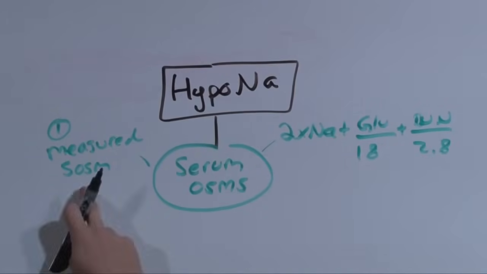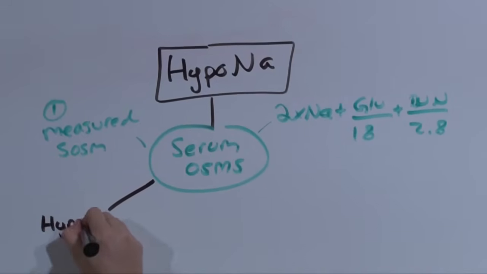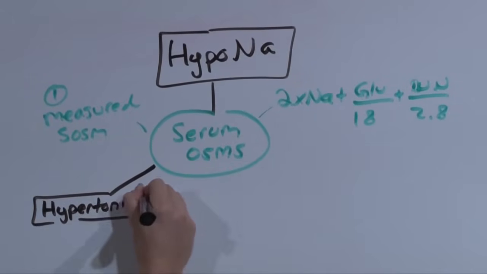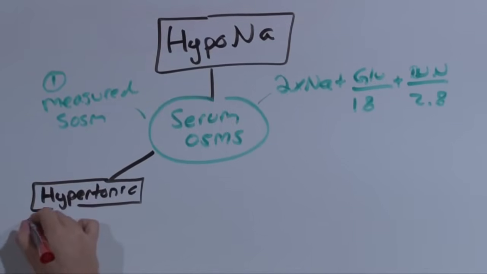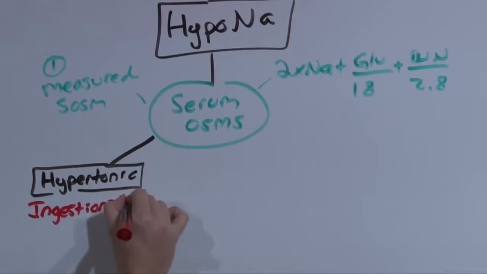So in the case where the measured osmoles tell you that it's actually hypertonic, it means the sodium lied to you because something else was taking up the space. This is going to be toxic ingestions. And this is really where you should start thinking about the alcohols.